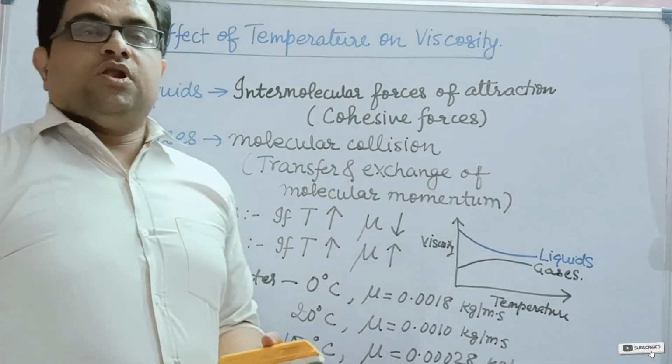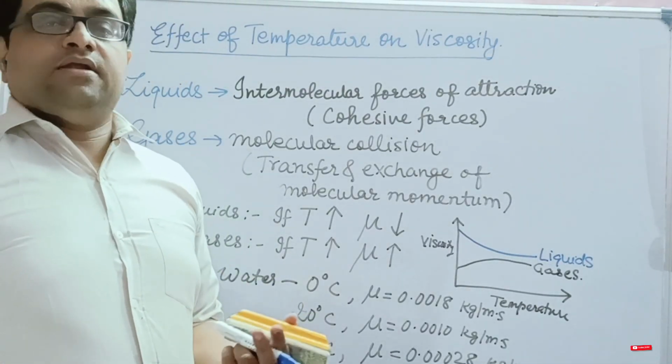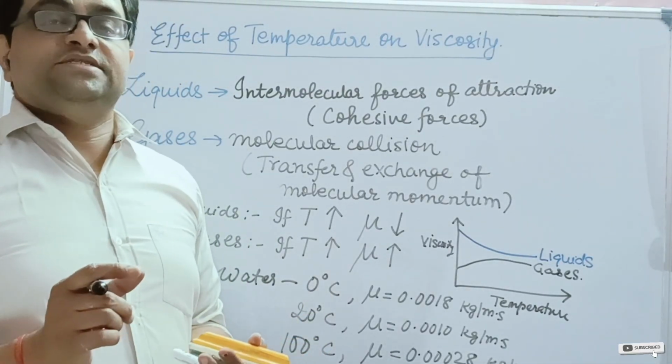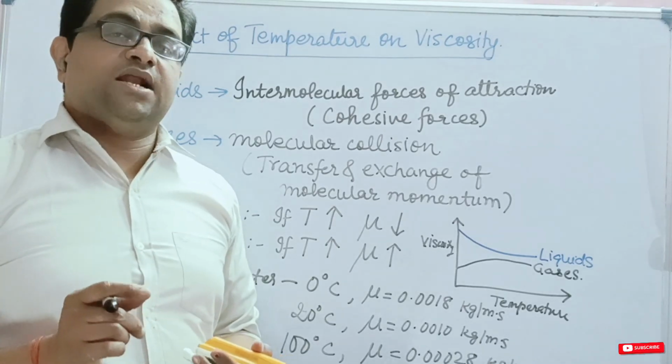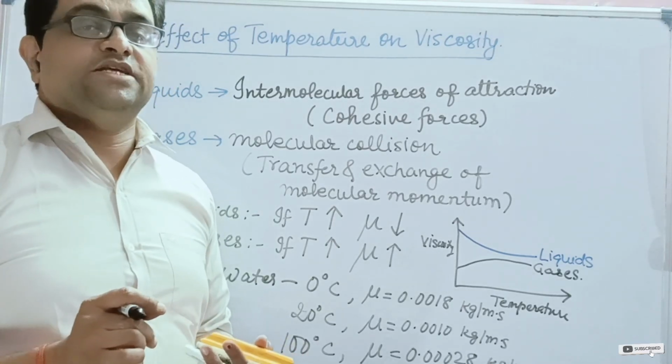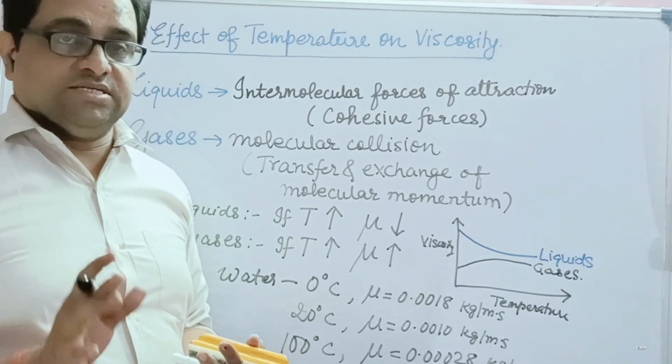Now taking an example of gas, we take air. For air at 0 degrees Celsius, the viscosity value is around 1.73 into 10 raised to the power minus 5 Pascal second.